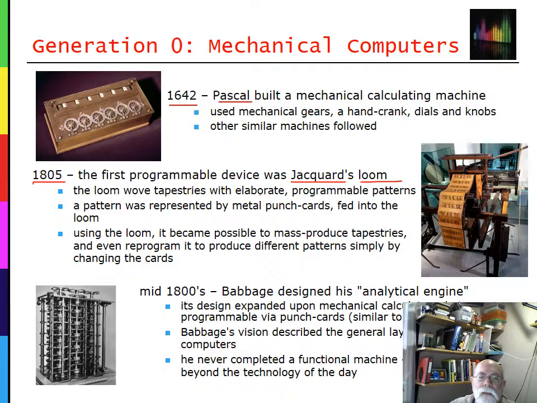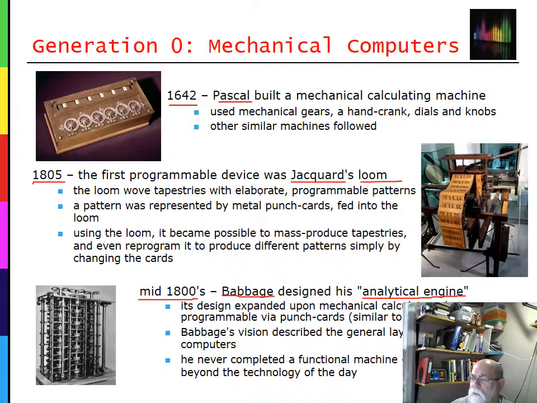By the mid 1880s, you have a guy by the name of Babbage, and he designed his analytical engine, and this is extremely important. It's a major jump forward. His machine expanded upon the mechanical calculators.